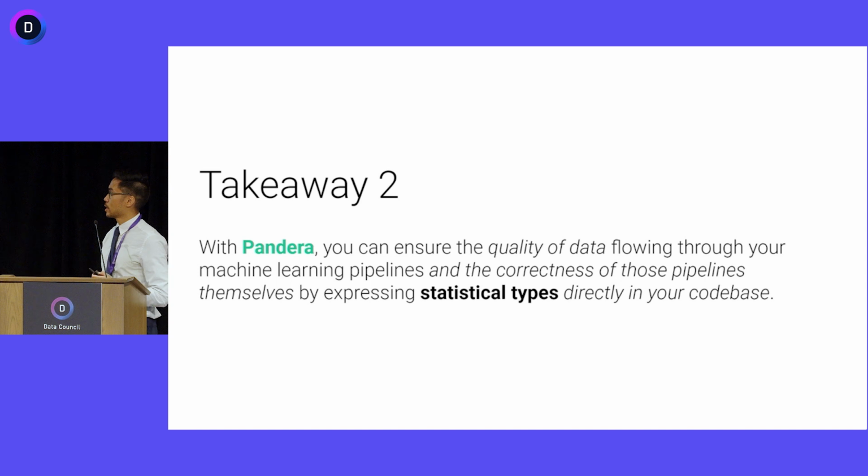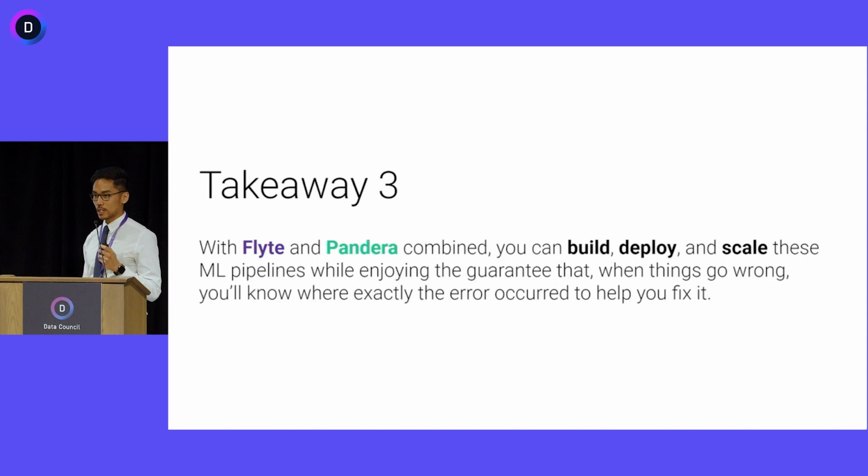With Pandera, you can ensure the quality of data flowing through your pipelines, and you can ensure the correctness of the functions in those pipelines by expressing statistical types. And finally, if you combine the two, you can build, deploy, and scale these machine learning pipelines while enjoying the guarantee that when things go wrong, and they will, you'll know exactly where the error came from and get some hints about how to fix it.